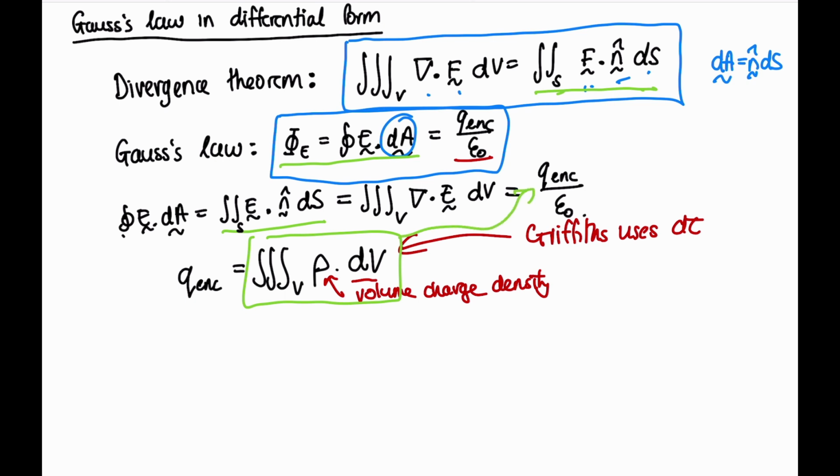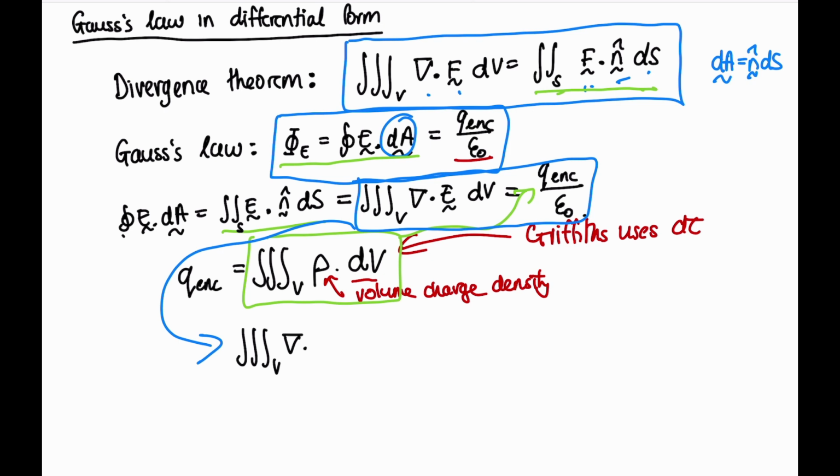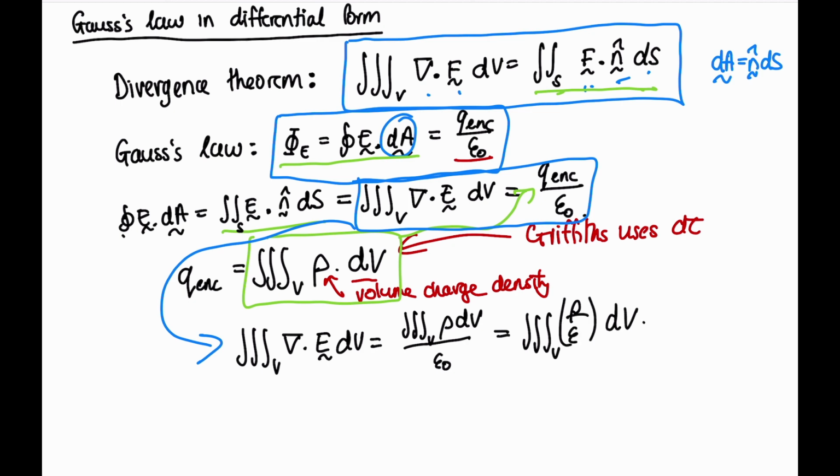So what we can do now is put this expression in for this up here. So we can now write, I'm going to take this bit here, down here, we've got the volume integral of div of E dV is equal to Q enclosed, which is the volume integral of the charge density divided by epsilon naught. And because epsilon naught's a constant, I can put it inside that integral. So I can write this way.